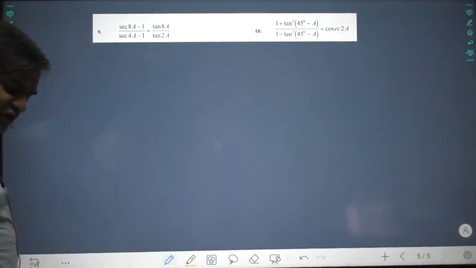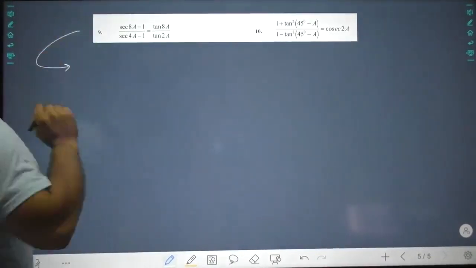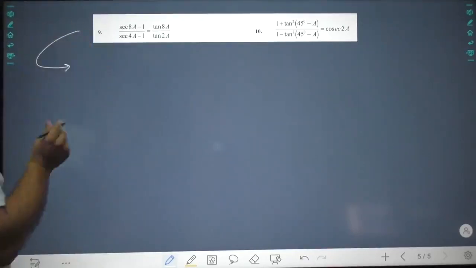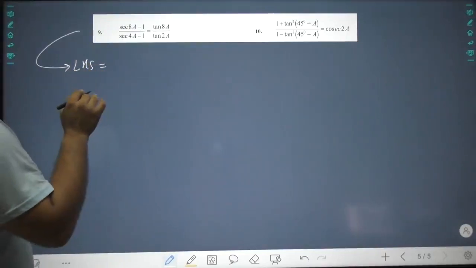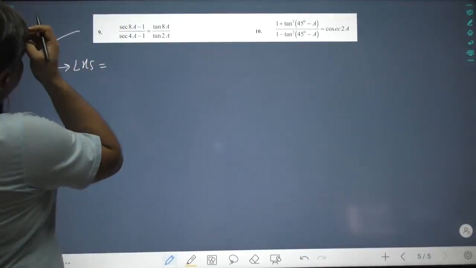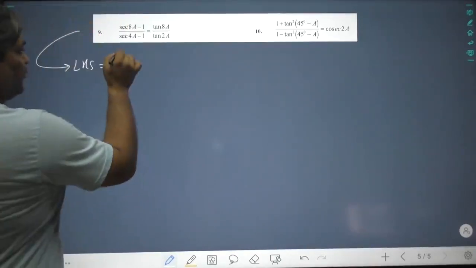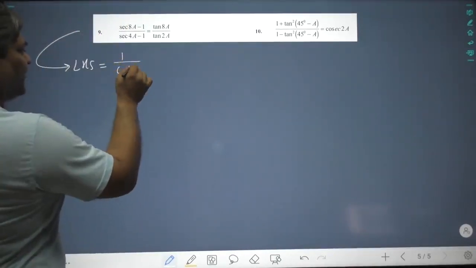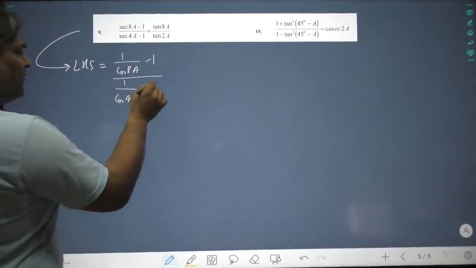Let us solve more questions based on multiple angles. Let us do question number 9. This was asked in IIT. Once it came into IIT, but no problem. From the left hand side, we have sec 8A. So, following the teachings of my guru, I will convert it to sine and cos. That always works. So, I will write it down: cos 8A minus 1 upon cos 4A minus 1.